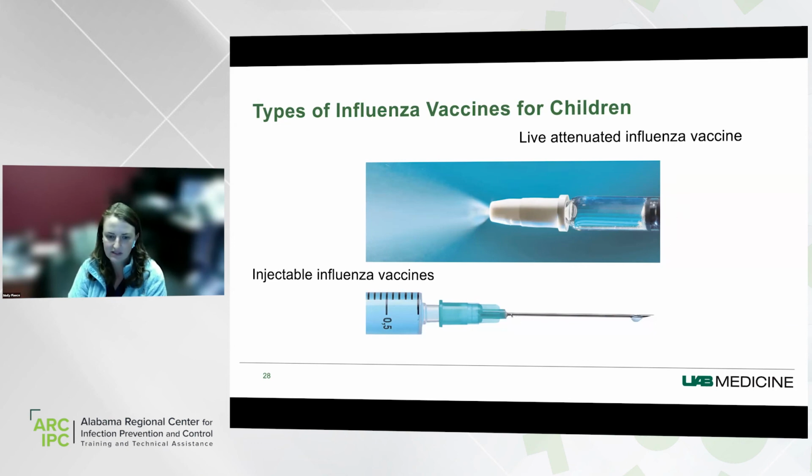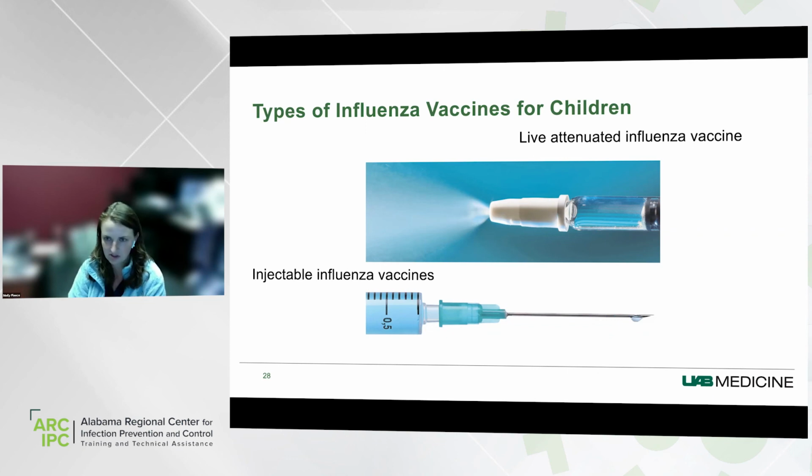So whereas this one, the injection, is for children greater than 6 months of age or older, this live attenuated vaccine does have more restrictions because it is a live variant of the flu. So children have to be over the age of 2. For adults, they cannot be over the age, I believe, of 65.